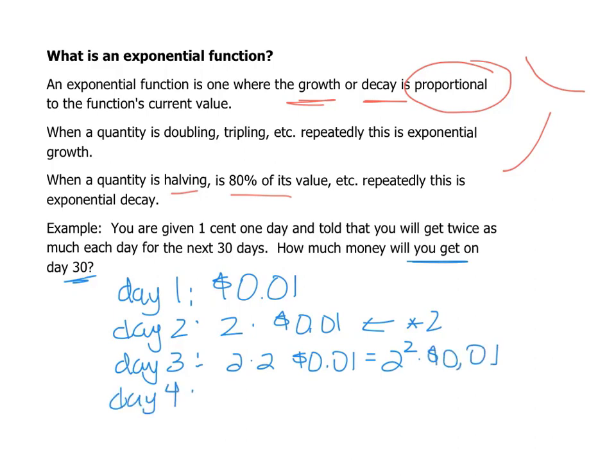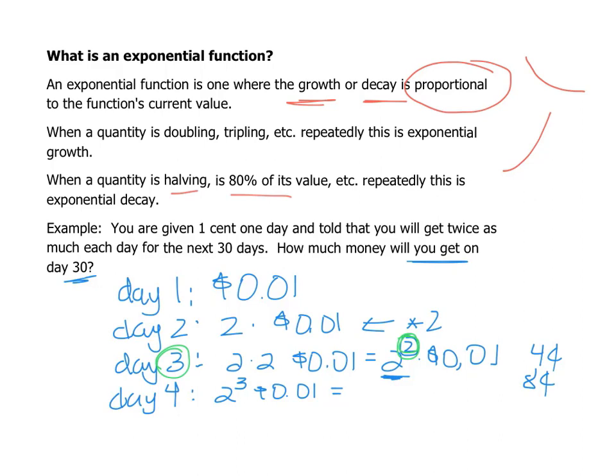Hopefully you can see a pattern here. On day 3, we had 2 squared. See how this number here, squared, what's the relationship between that and the 3? Well, it's 1 less. So day 4, we're going to have 2 cubed times 0.01, which is actually going to be, so this was 2 cents, this was 4 cents, this is going to be 8 cents.